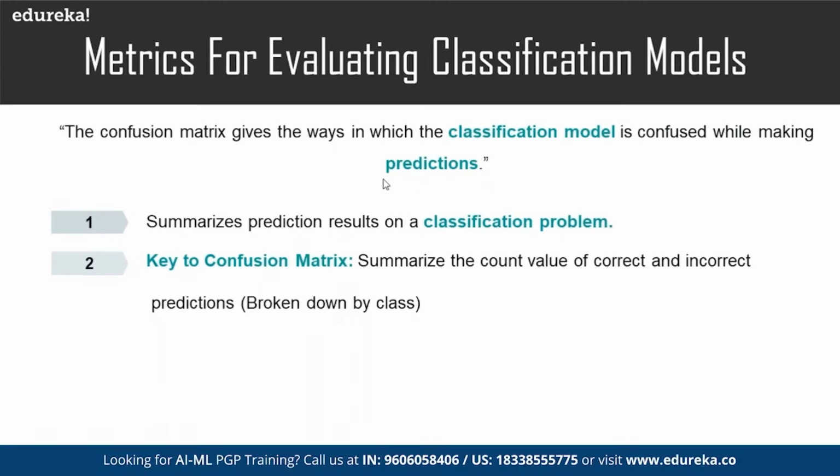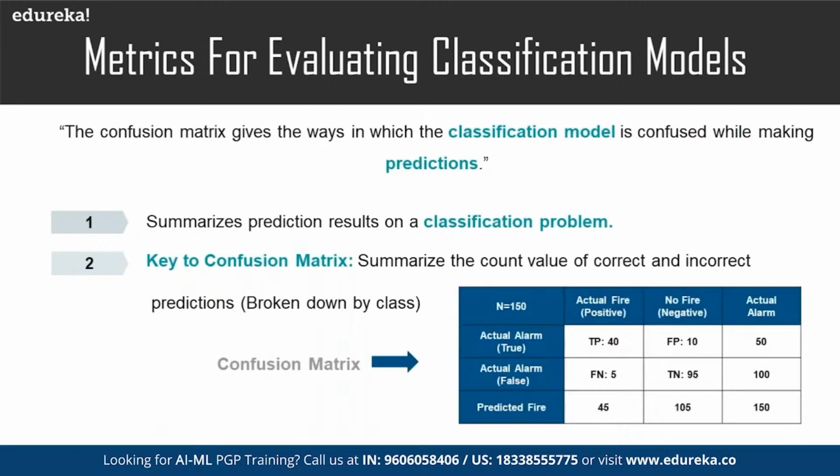So what does the confusion matrix do? It summarizes incorrect and correct predictions by class. Take a fire alarm system, for example. The system should alarm correctly whenever there is a fire in a place.